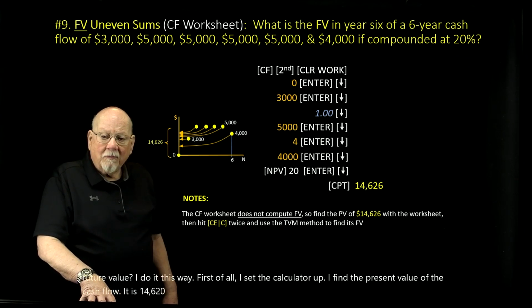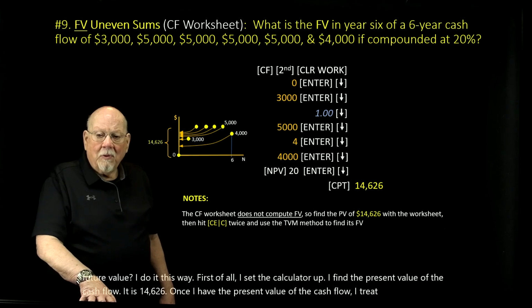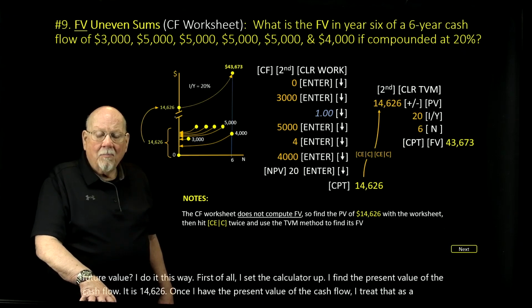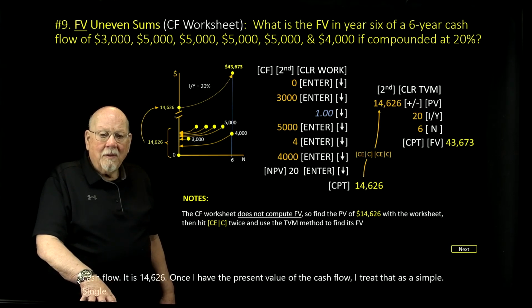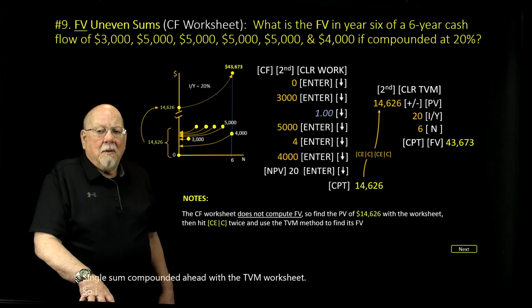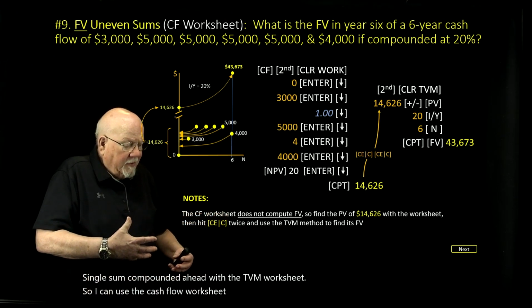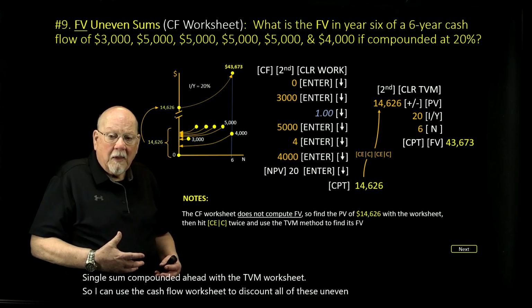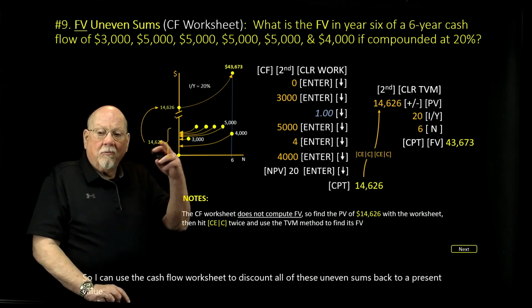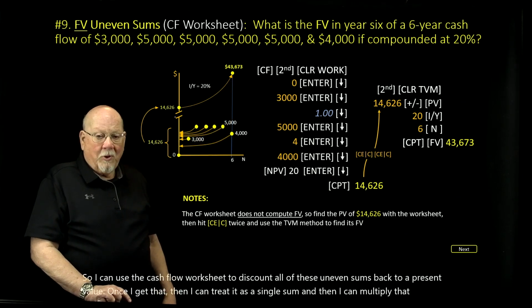Once I have the present value of the cash flow, I treat that as a simple single sum, compounded ahead with the TVM worksheet. So I can use the cash flow worksheet to discount all of these uneven sums back to a present value. Once I get that, then I can treat it as a single sum, and then I can multiply that ahead. Pretty easy.